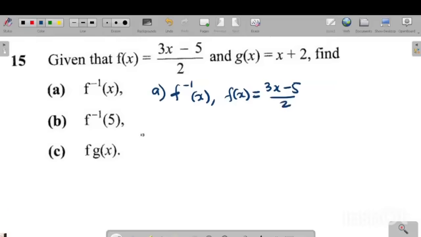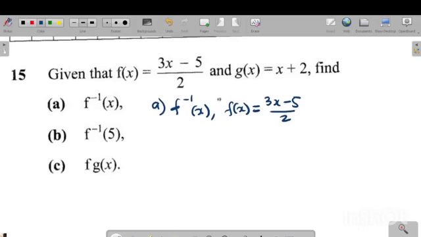All right? So how are you going to find the inverse of this function? First of all, you are supposed to let this part here, the f of x, be equal to y. Change this f of x to y. So you're going to have y is equal to 3x minus 5 over 2.